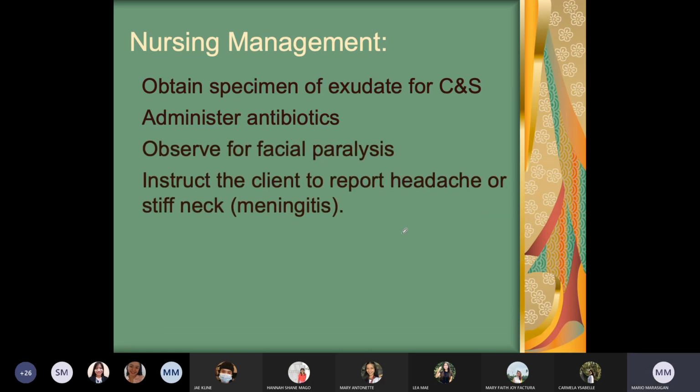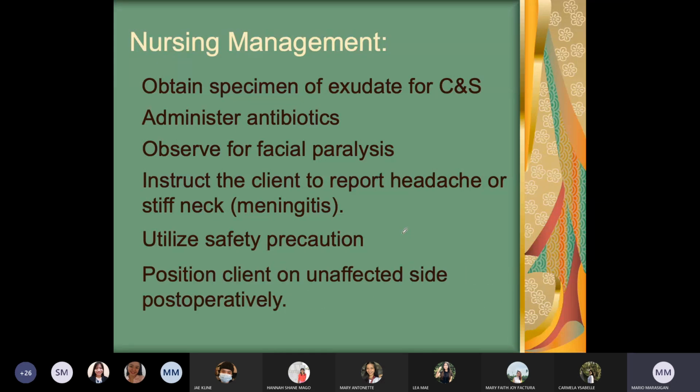And facial paralysis as common complications. So instruct the client to report headache or stiff neck. Sa meningitis, ang tatandaan yung mga anak, yung Brudzinski sign at saka yung Koenig's sign. Utilize safety precautions, position client in unaffected side after the surgery.